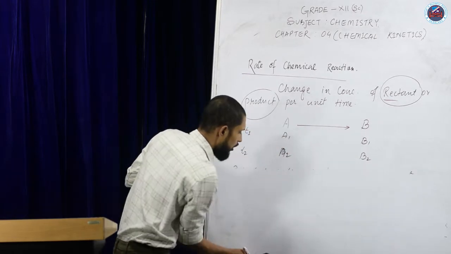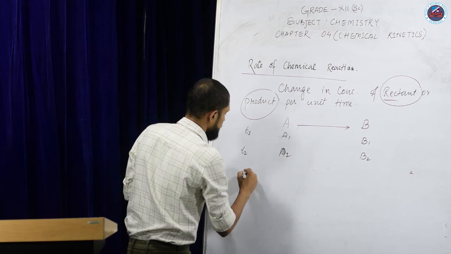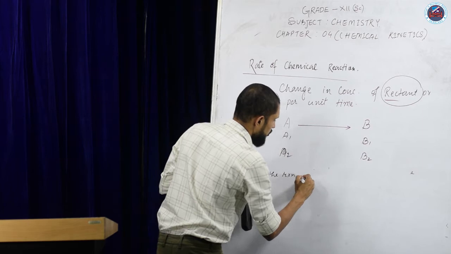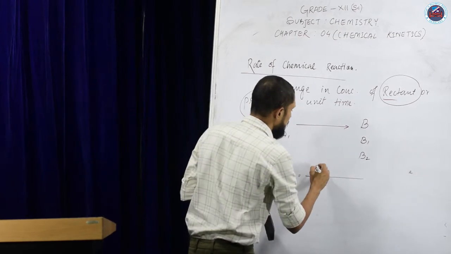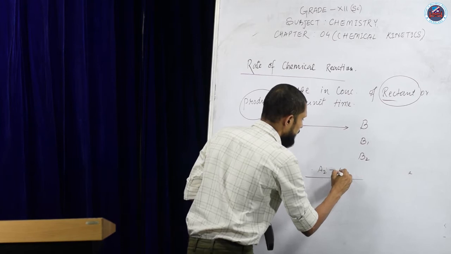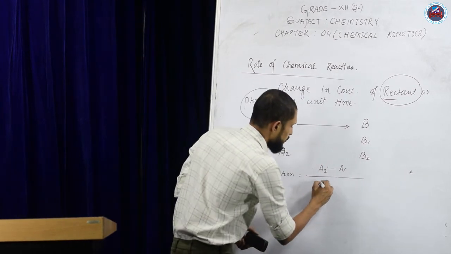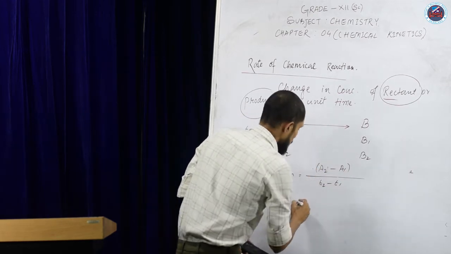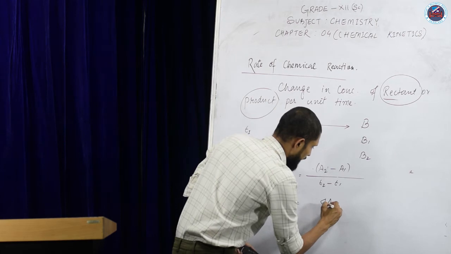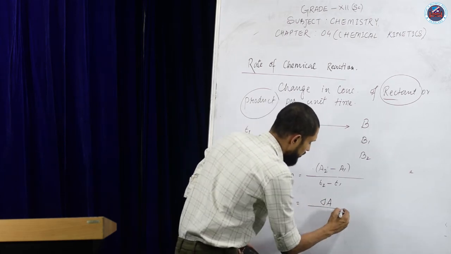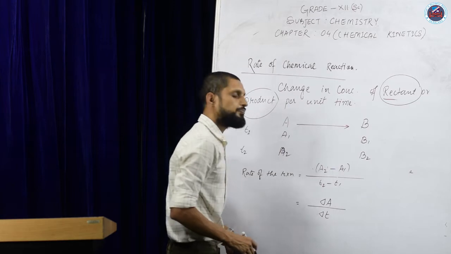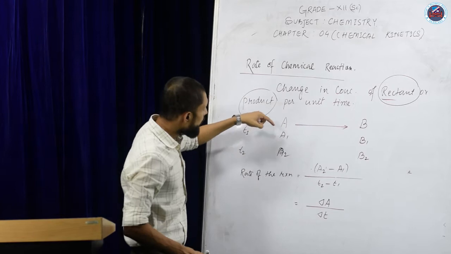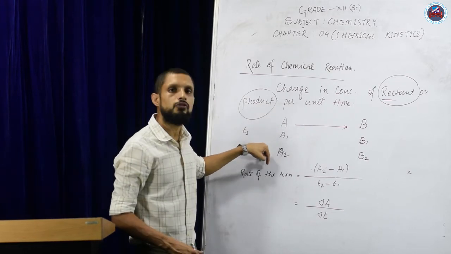So rate of the reaction in terms of reactant is represented as A2 minus A1 by T2 minus T1, which implies delta A, that is change in concentration of reactant, by delta T. Now, in case of reactant, the concentration always decreases with time.